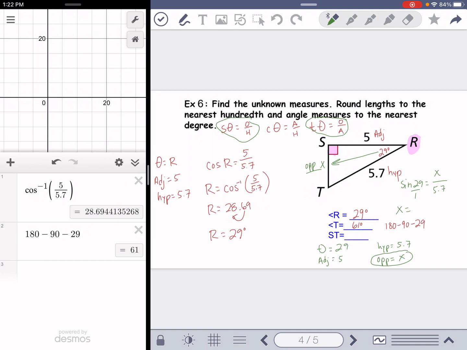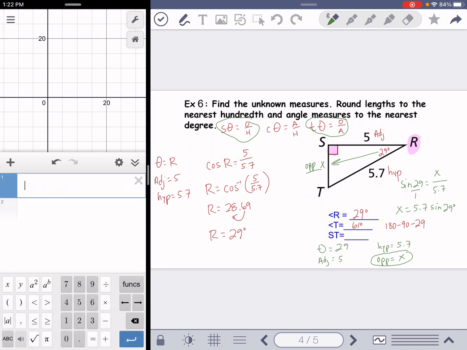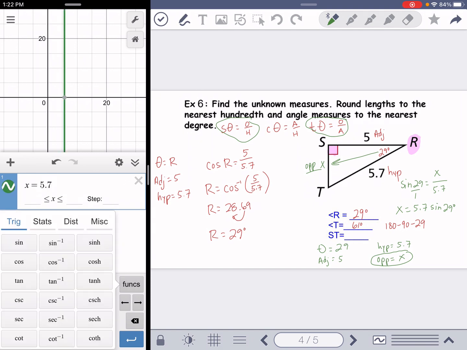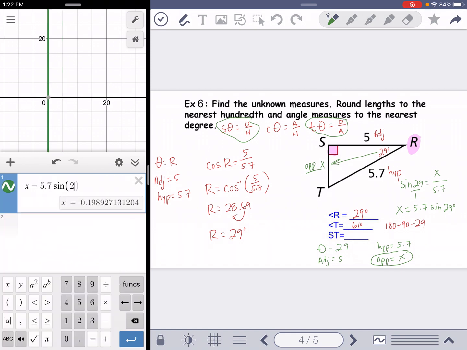Cross multiply. X will equal 5.7 times sine 29 degrees. So ST is going to be 2.67. Oh, I said that wrong. 2.76. That's it.